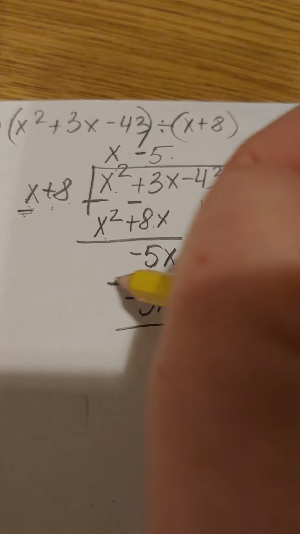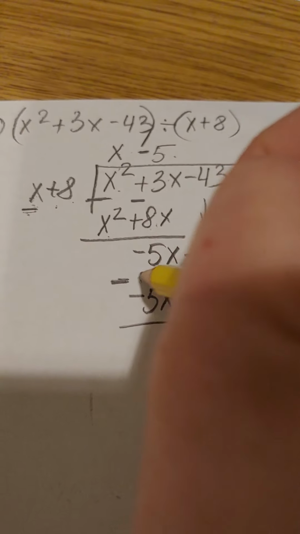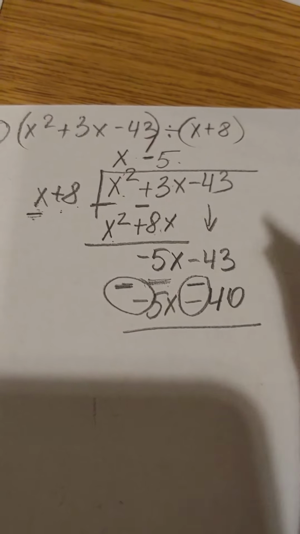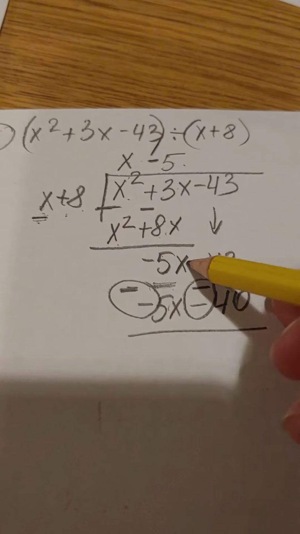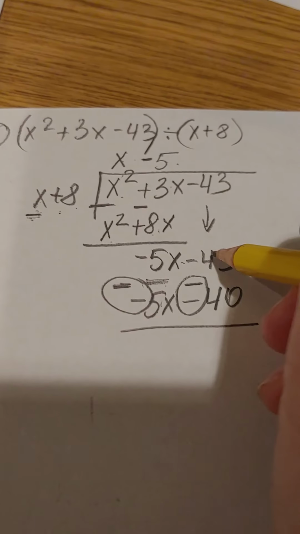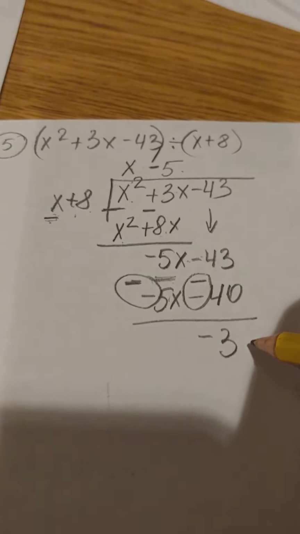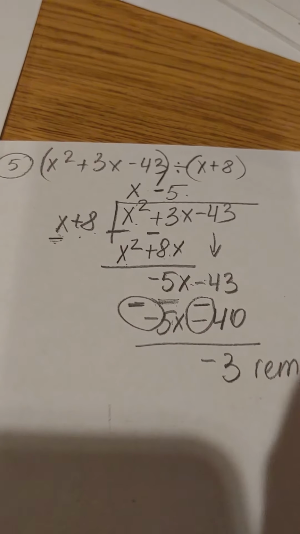And again, I'm subtracting. Two negatives would give me positive. Negative 5x plus 5x is 0. Negative 43 plus 40 is negative 3. So this is my remainder.